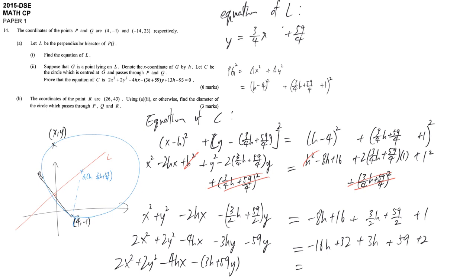And then this one combined, we get positive 13h, and then minus 93 equals 0. So even after a very complicated calculation, we still get the answer.